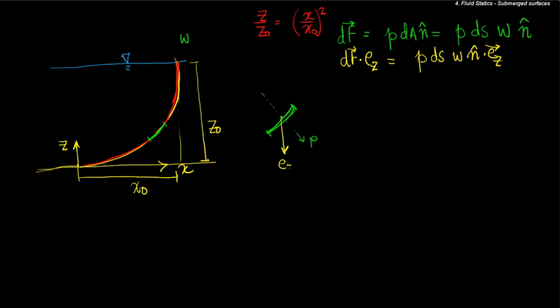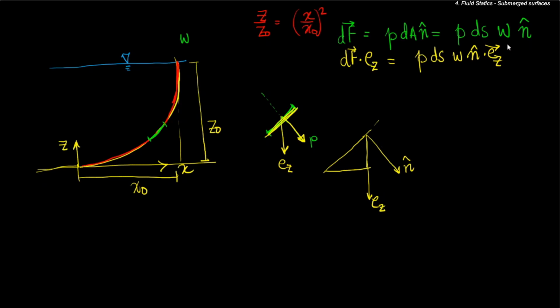Now this is the ez direction, this is the n cap direction, this is ds. So this is the n direction and this is the ez direction.